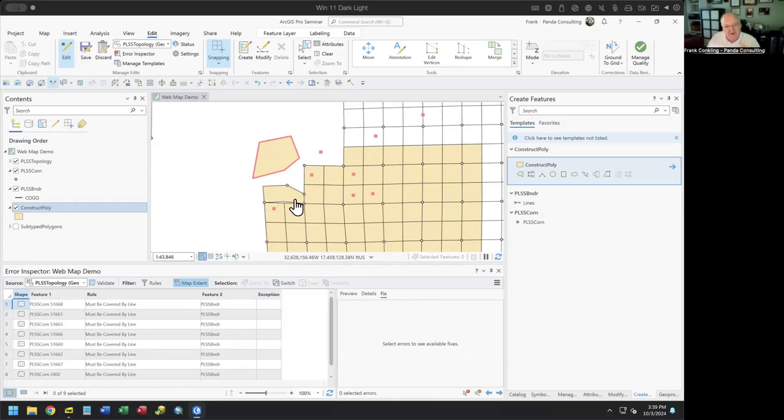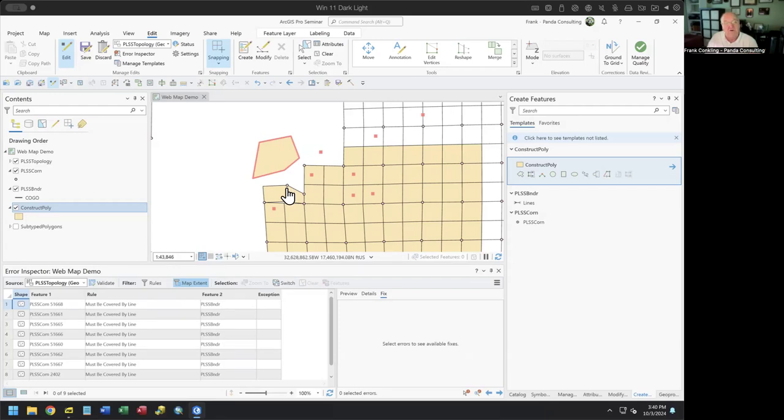Just to let you know, that line was a polyline because that's our default value in here, so it's not 2-point lines. It's a polyline, but it does satisfy that rule. It says the polygon's now covered by a line. And then when I validated again, it said that corner, that point, is now on that line.